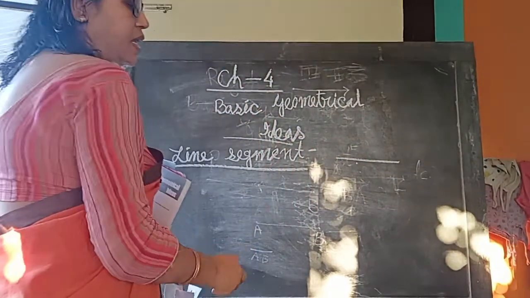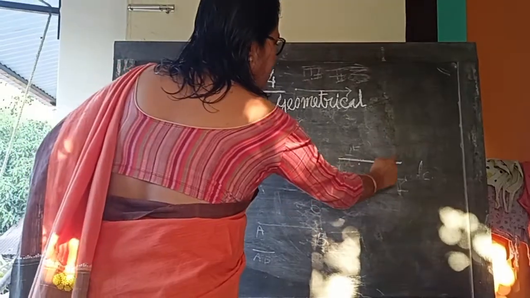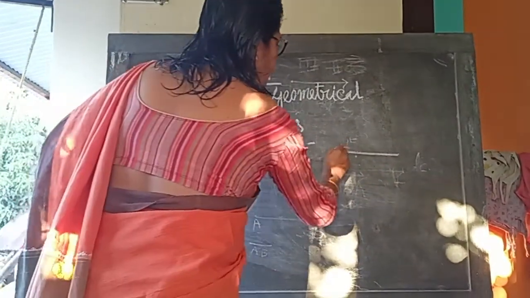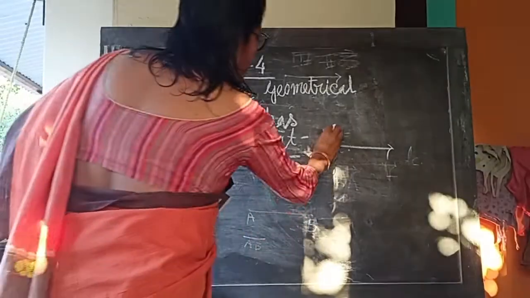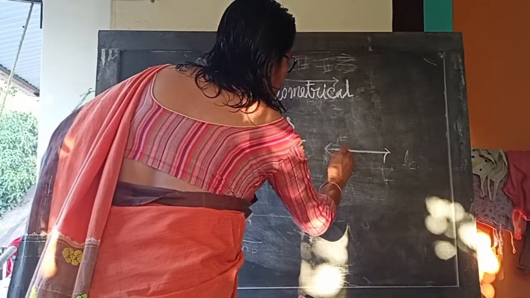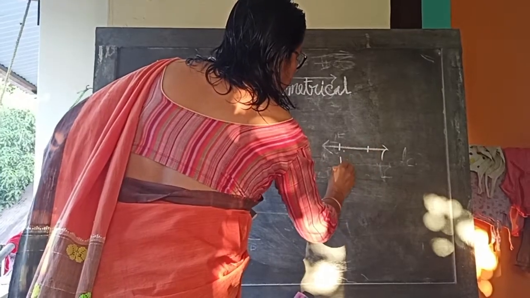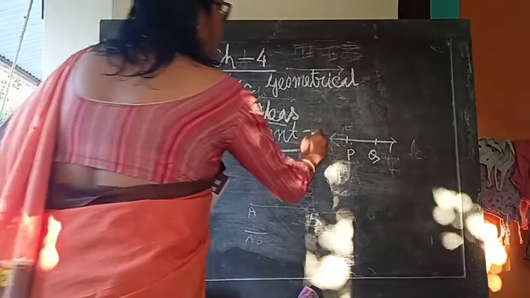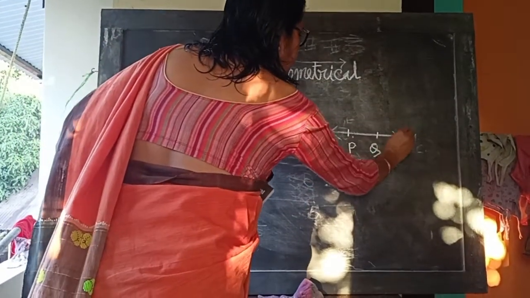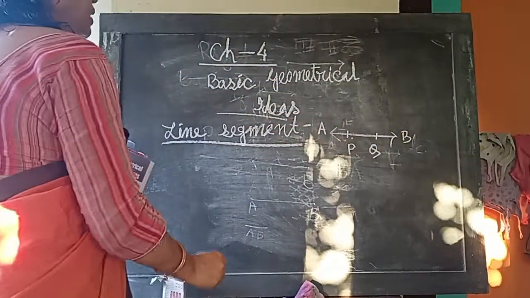Suppose it is a line. If we give arrow marks, then this becomes a line. Now suppose this is a part, P, Q. Here AB is a line.